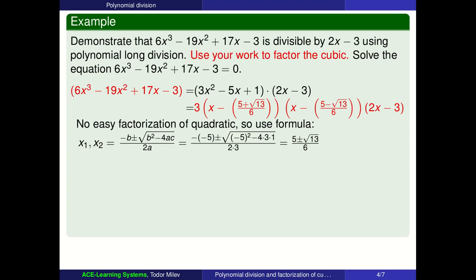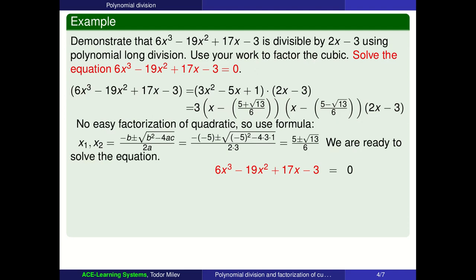We're almost done with the problem. We have one more thing to do. We need to solve the equation obtained by setting the polynomial we just factored equal to 0. So 6x cubed minus 19x squared plus 17x minus 3 equals 0.